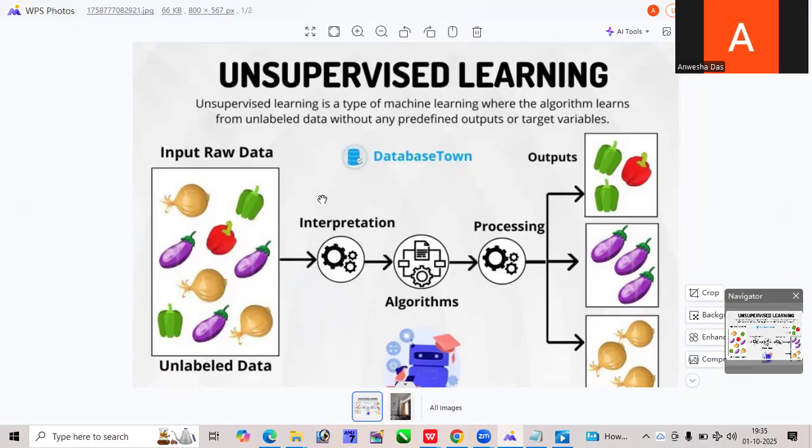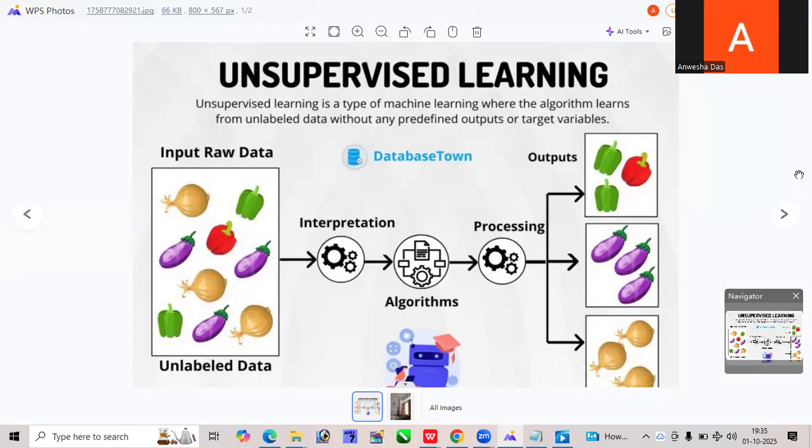If we consider the unsupervised machine learning algorithm, they are grouping the data based on the product. Here they have taken all those onions and grouped them. Here they have taken all those brinjals and created another group. Here they have taken all those capsicums and made another group. So this is part of the unsupervised machine learning algorithm.